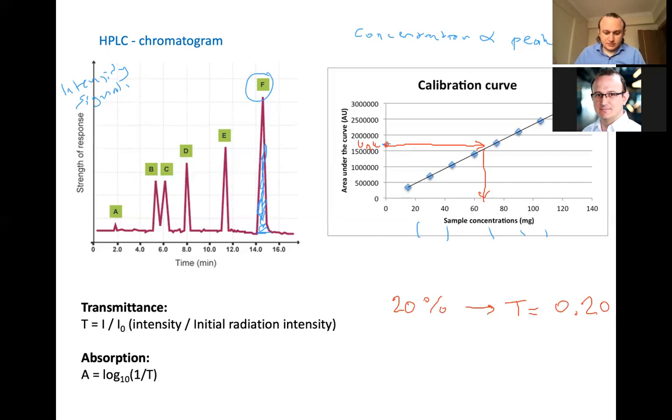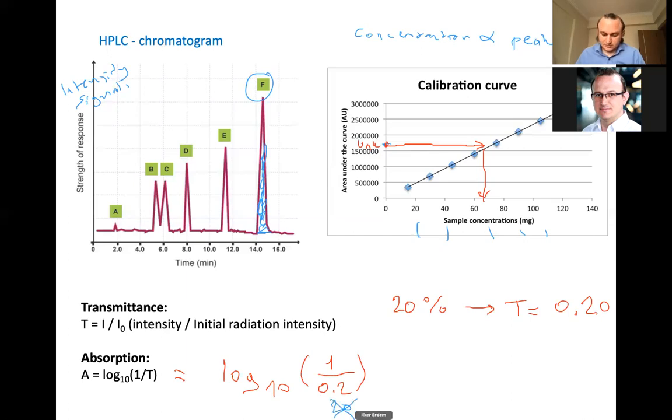And in these equations, for example, for this one, you will be writing 1 over 0.2, not 20.